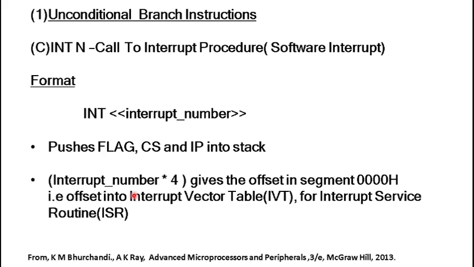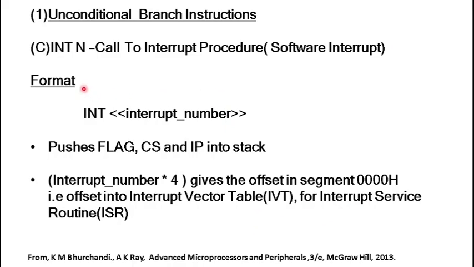Now apart from normal procedure invocation, we also have facilities to invoke interrupt service routines. You obviously know what an interrupt service routine is. It is a procedure that has to be executed to service an interrupt, and we have both hardware as well as software sources of interrupt. The int n instruction is used to invoke or trigger a software interrupt so that control can be passed to an interrupt service routine.